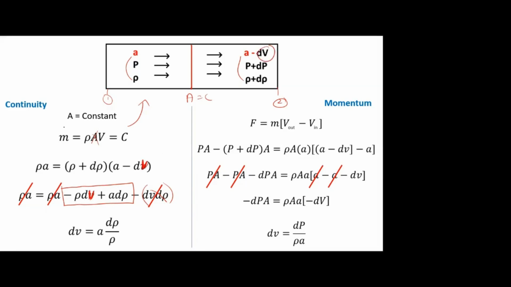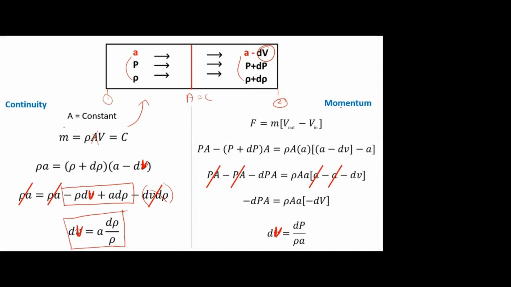It's not the specific volume, it is the velocity. So I am writing the dV equation, which is equal to A into d rho by rho. This is one equation, I got it from the continuity. Simply I am applying rho V to station 1 and 2. It's very simple. Then rearrange.